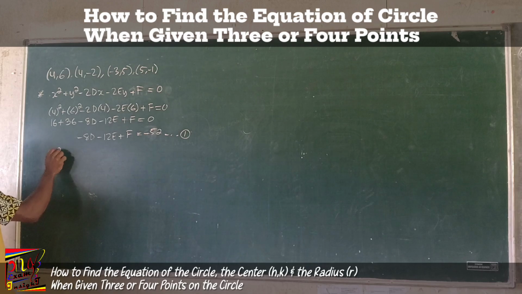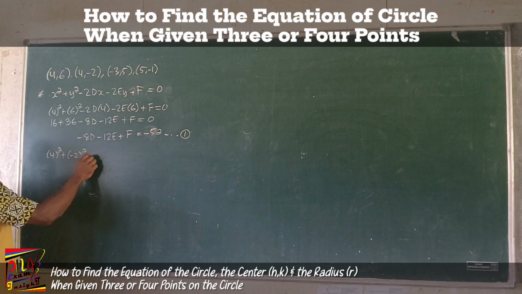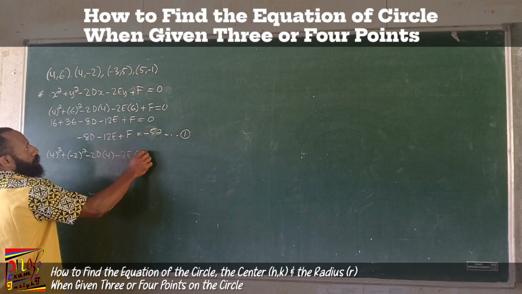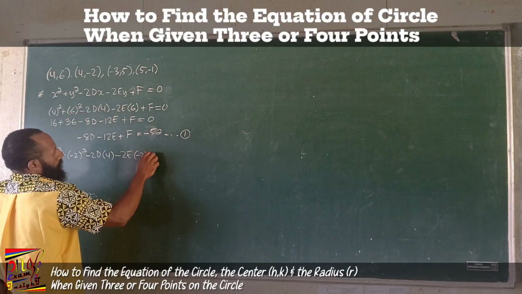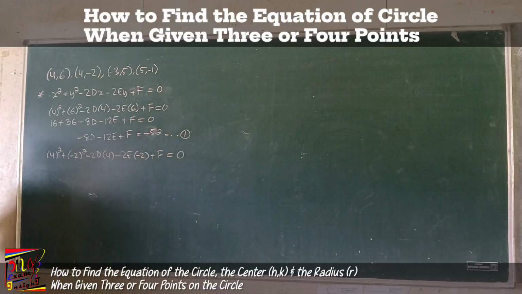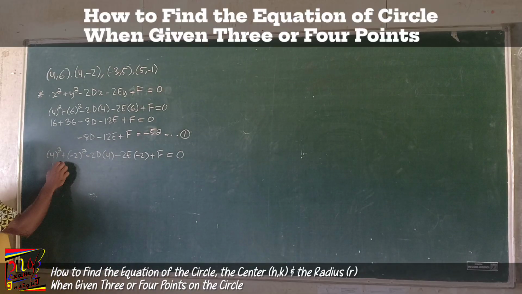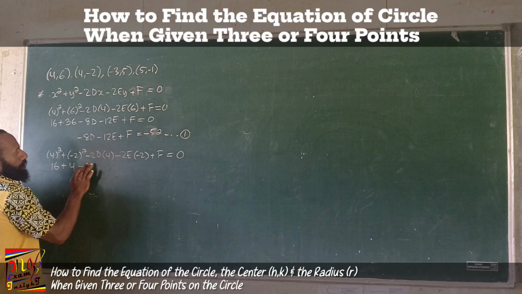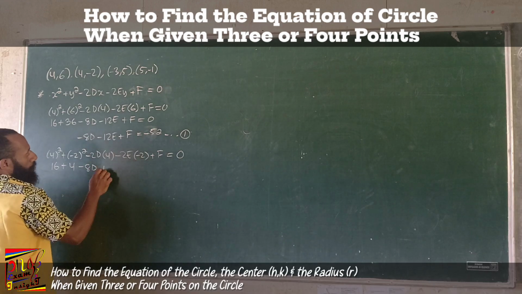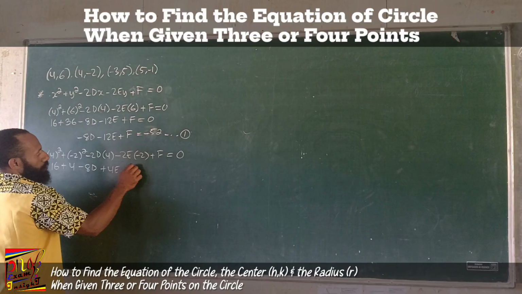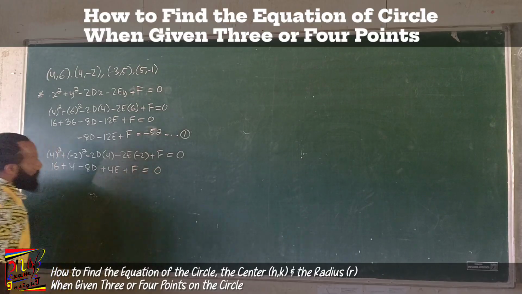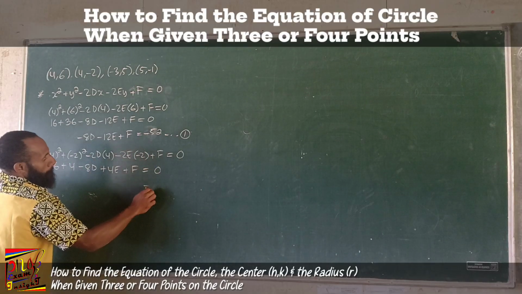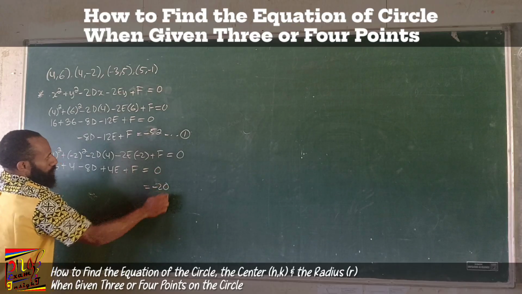So we get 4 squared plus minus 2 squared minus 2D times 4 minus 2E times minus 2, plus F equals 0. 4 squared is 16, minus 2 squared is 4, minus 2 times 4 is minus 8D, plus 4E, equals 0. 16 plus 4 is 20, when you bring it over, minus 20.